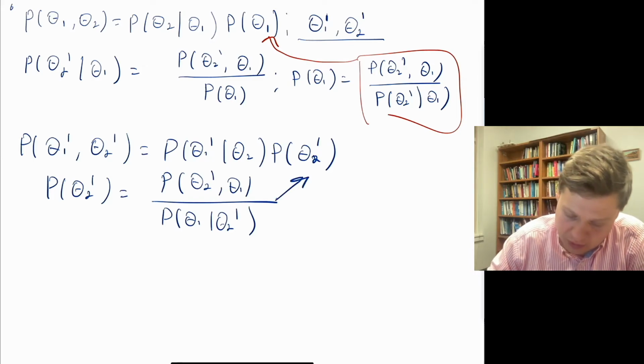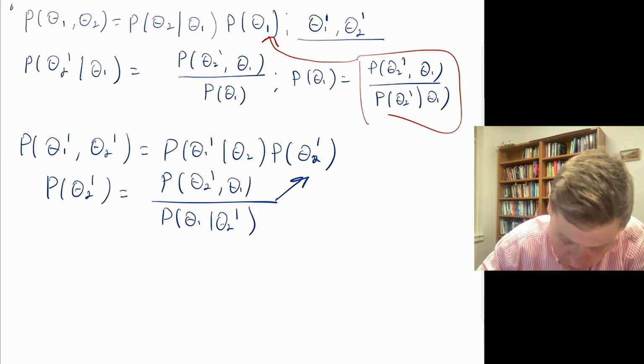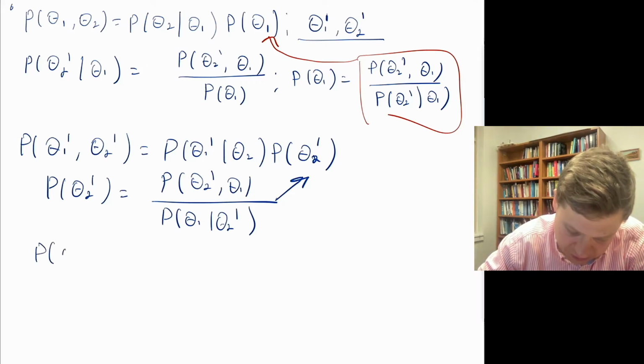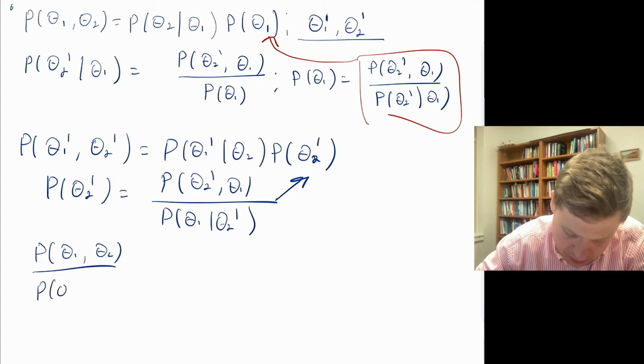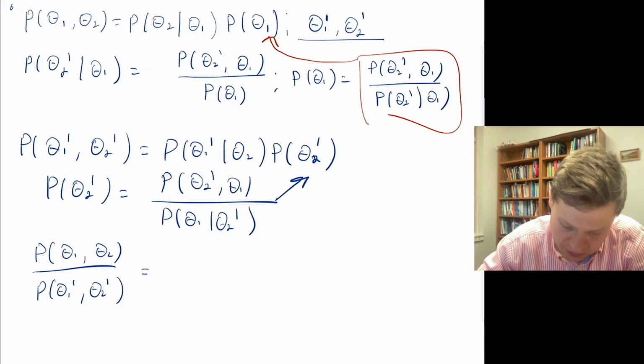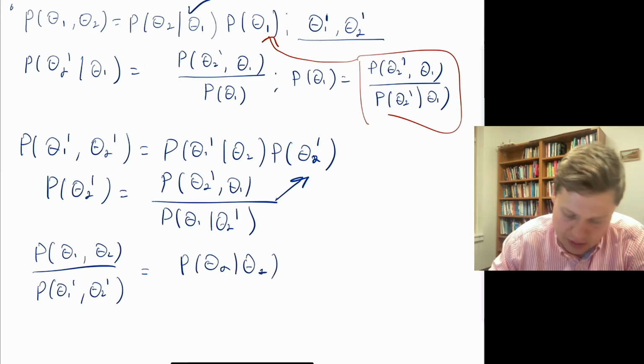And now what we can do is write down the ratio of two joint densities. So we have theta 1 and theta 2 divided by theta 1 prime and theta 2 prime. And so from here we have P of theta 2 given theta 1. So it's this term here.